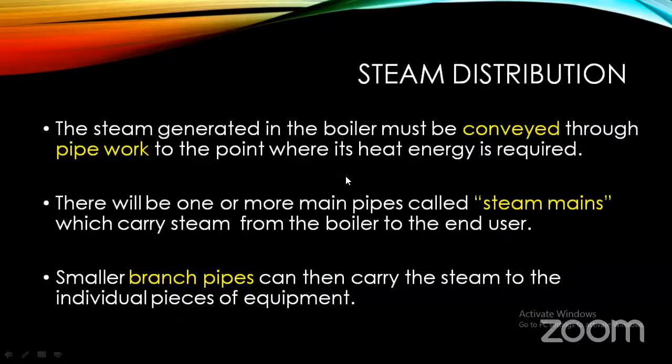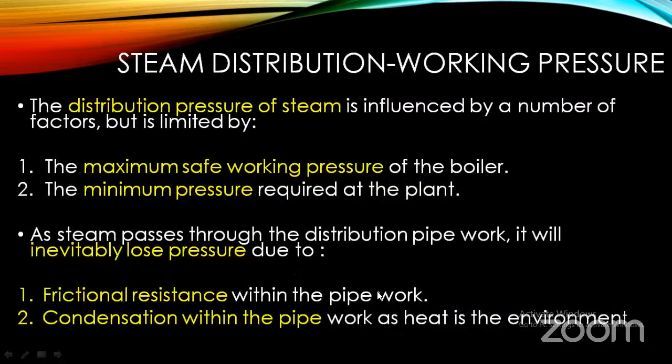In our power plant, there will be one or two steam mains where the steam is conveyed from the boiler to the turbine. There are also some other branch pipes which carry the steam to the individual equipment.